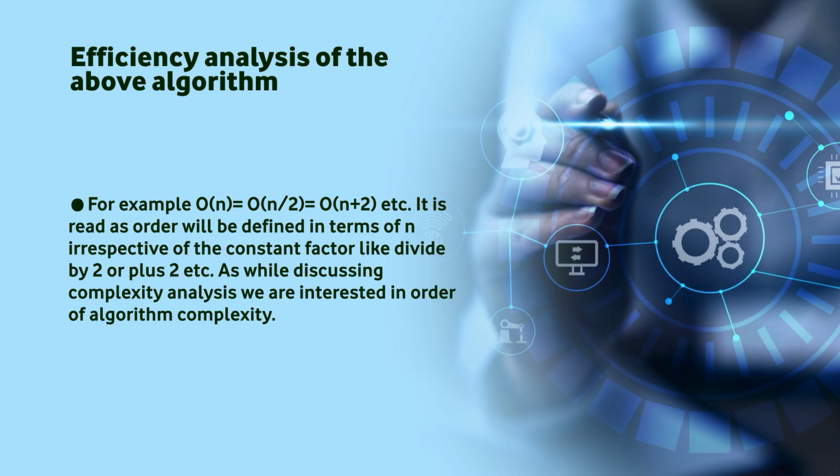While discussing complexity analysis, we are interested in the order of algorithm complexity. If I say the time complexity is order of n or order of 2n or order of n by 2 or n plus 2 or n minus 2, generally we can ignore the constant factor and straightaway say the time complexity will be big O of n.